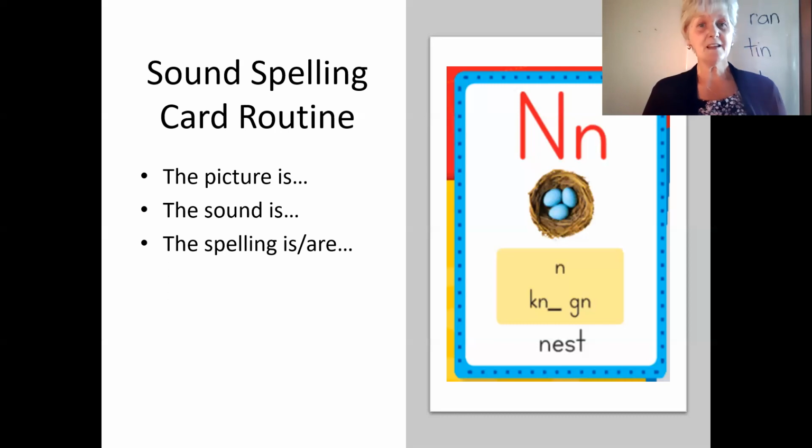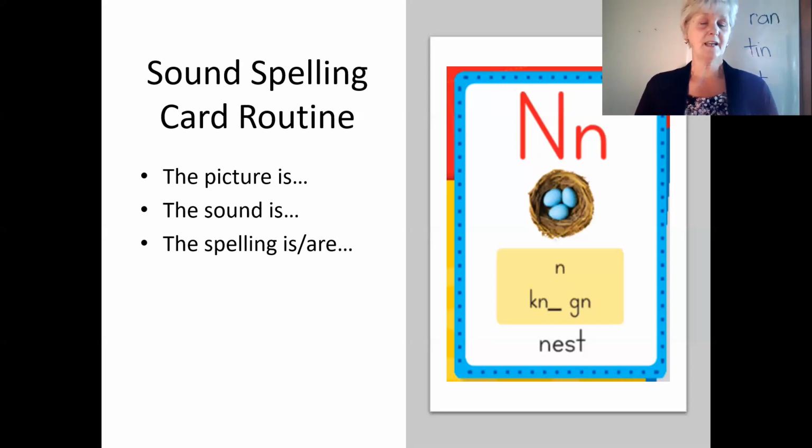So the sound spelling cards are super important for kids. Remember I told you my grandson needed 400 repetitions with these cards for consonants and short vowels. This grapheme all by itself did not mean anything to him. When we started attaching a picture and a sound and then the spelling, he was able to get it.